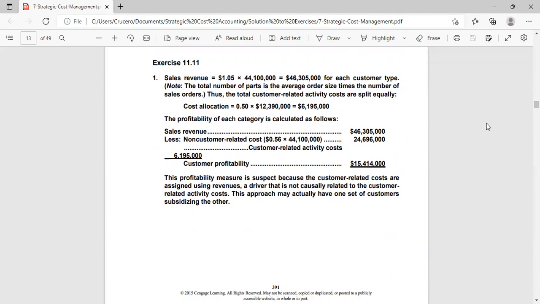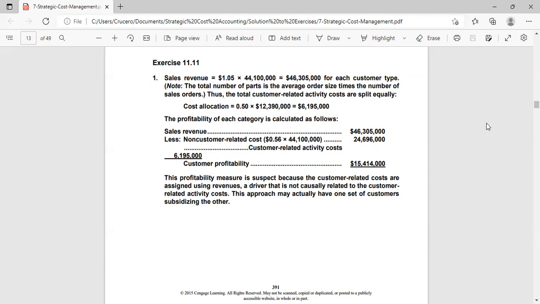So we have 21,000 multiplied by 2,100. So that now gives us 44,100,000. So the sales revenue is 46,305,000 for each customer type.